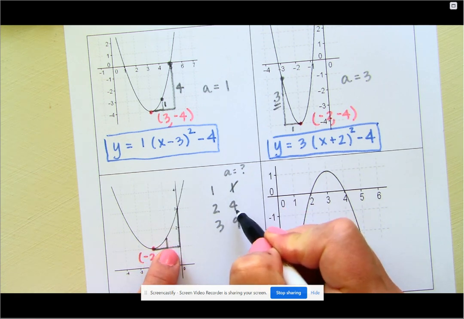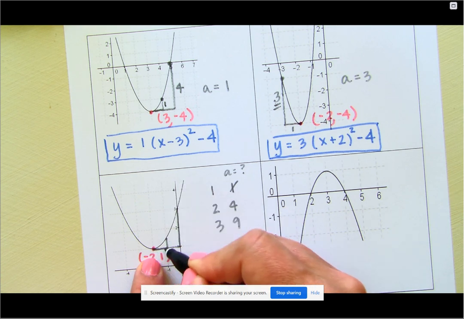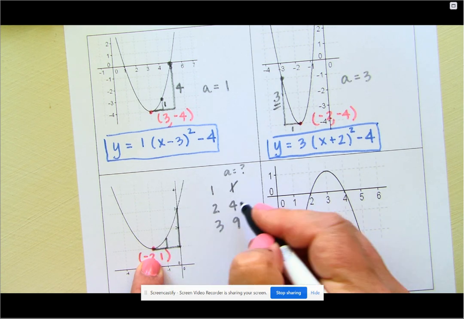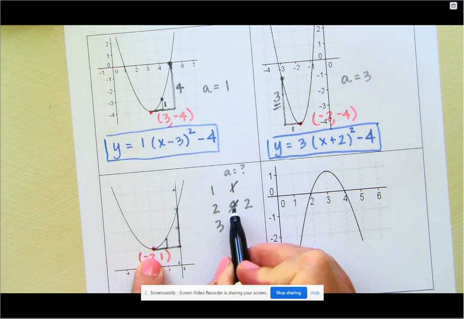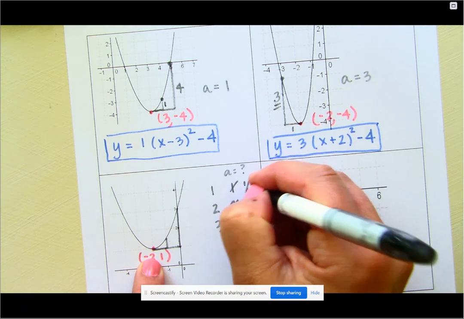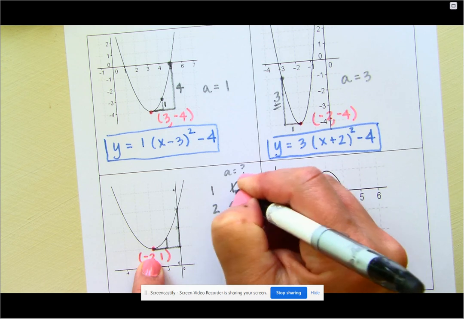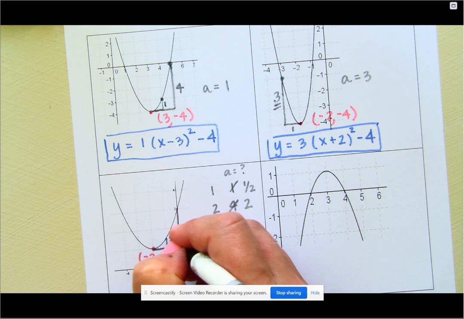But the 4, instead of going out 2, up 4, it looks like you went out 2, up 2. So what do you do to 4? What can you multiply 4 by to make it 2? It looks like it got cut in half. And so this would be 1/2. So we could see this one, so that would tell us, yes, this is a half. Okay, so the A value is a half.